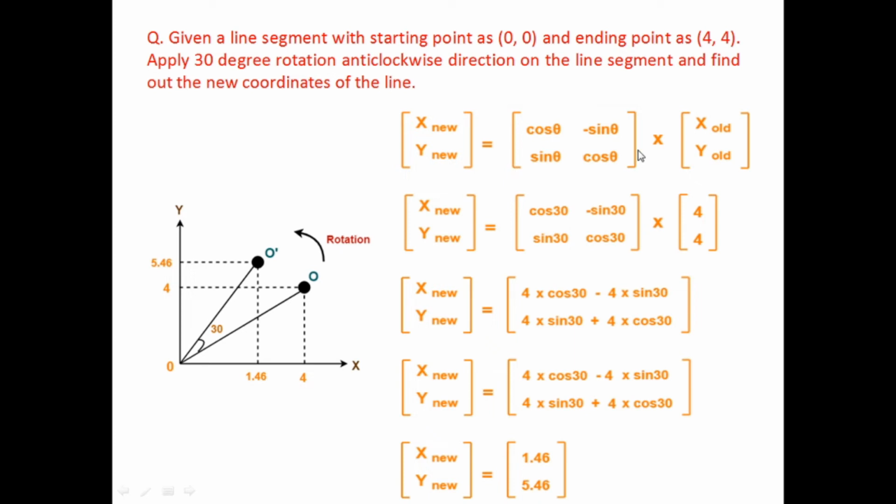So you should be cautious. How to obtain the new values here? This will be my transformation matrix. I have my old coordinates in this manner, substituting the values of the old coordinates as well as the angle, finally I get my new coordinates, x new and y new, as these two values.